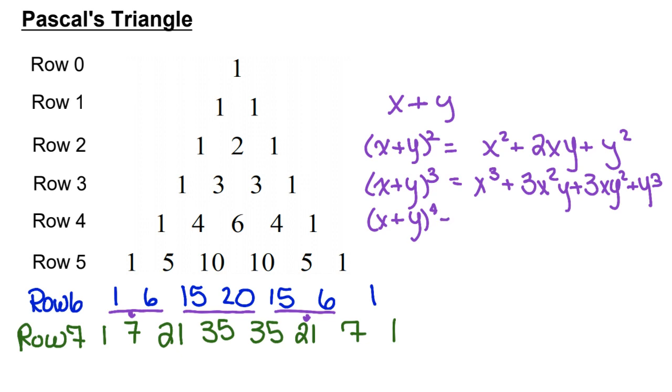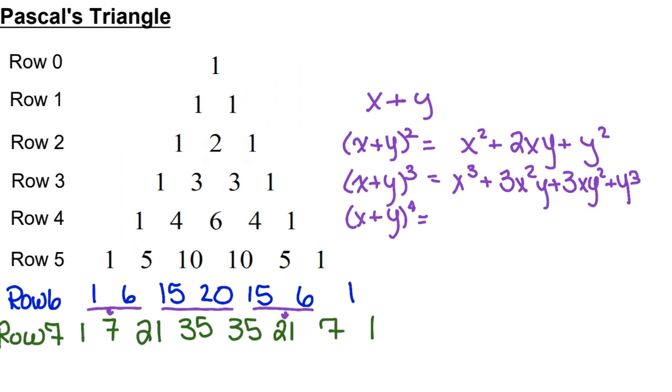And then x plus y to the 4th, I'm going to need a little bit more room, is x to the 4th plus 4x cubed y plus 6x squared y squared plus 4xy cubed plus y to the 4th. I got it in there. It's off the screen on mine, but on there on yours.